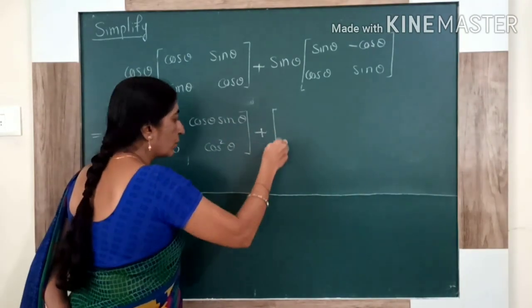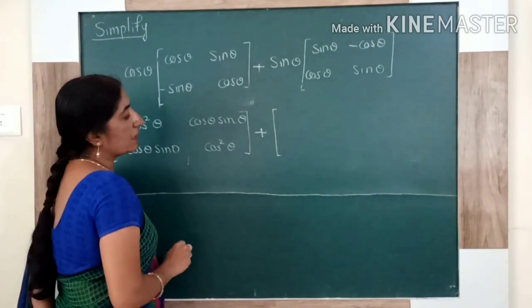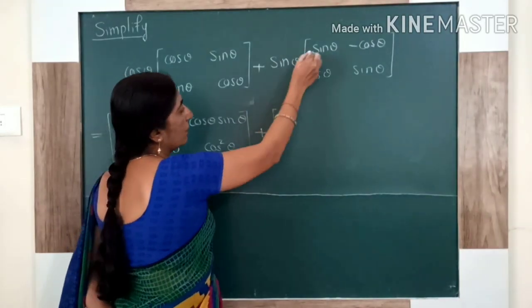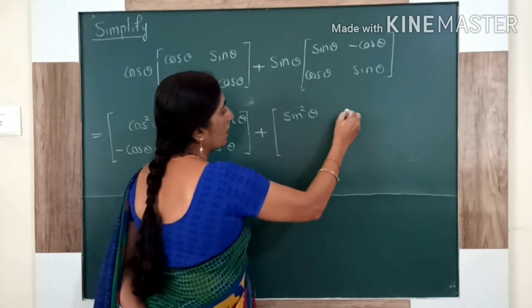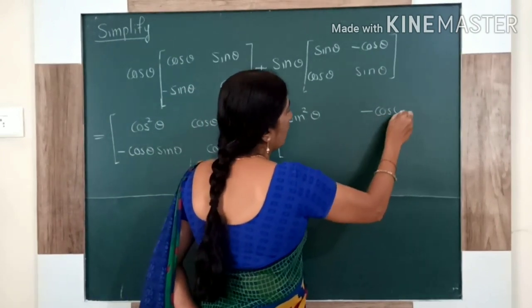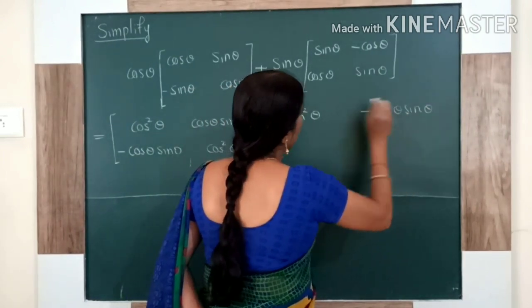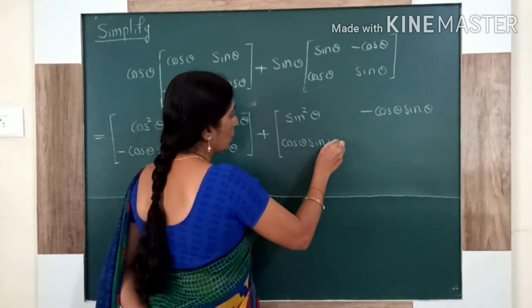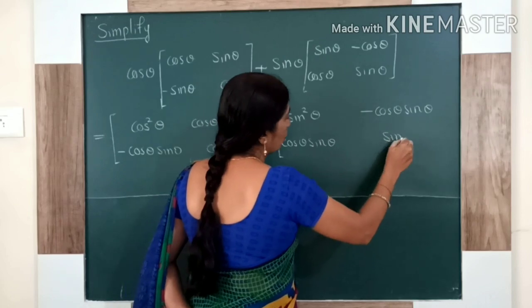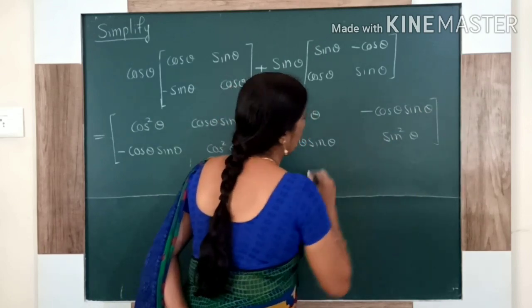Plus, now tell me, the next one is multiplied with what? Sin theta. Sin theta into sin theta will be sin square theta. The next one is minus cos theta into sin theta. Here it is cos theta into sin theta. The next one is sin square theta.